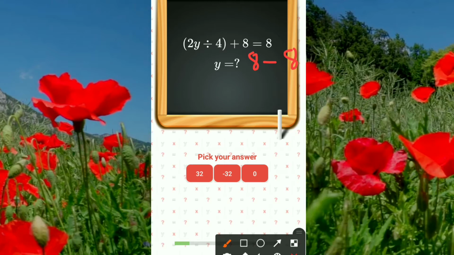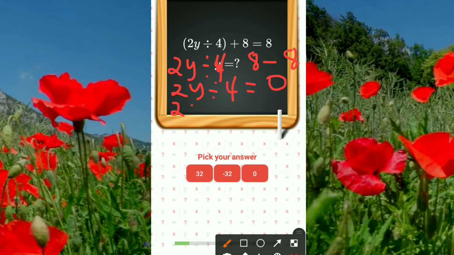So yung plus 8 natin is magiging subtract. So yan, erase muna yung y, then copy the 2y divided by 4. So 2y divided by 4 equals, so subtract natin, 8 minus 8 equals 0.